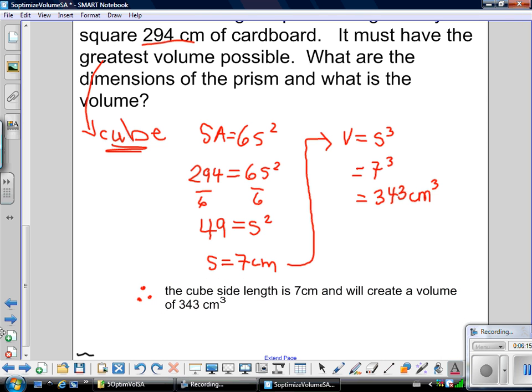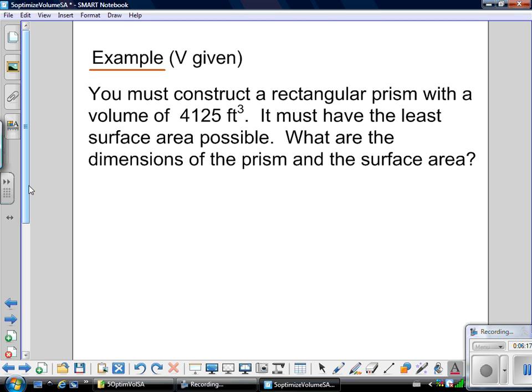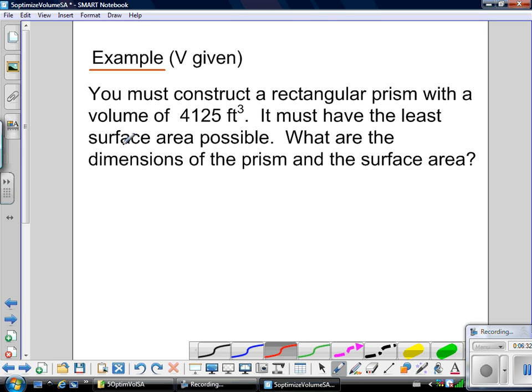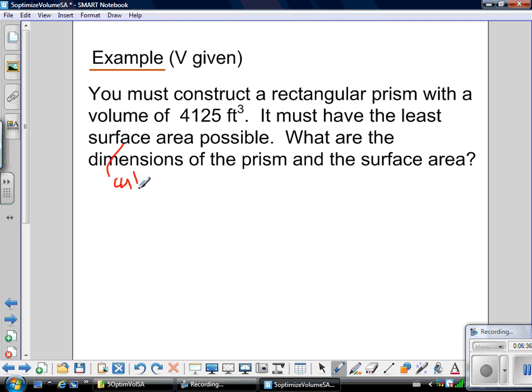Okay, so let's look at the next example. This time the volume is being given. We're still using those two formulas from the first page that we looked at. Again, we want the least amount of surface area possible. When I see that, I'm thinking cube. So it's important for us to remember cube. It's come up quite a bit.